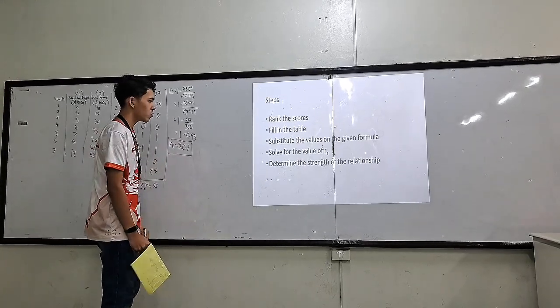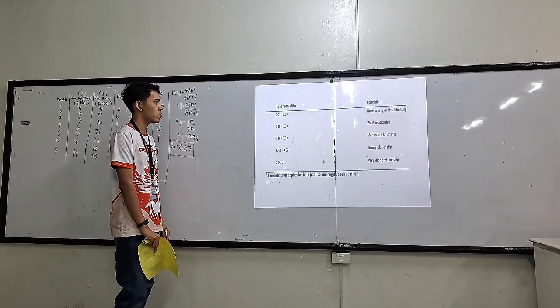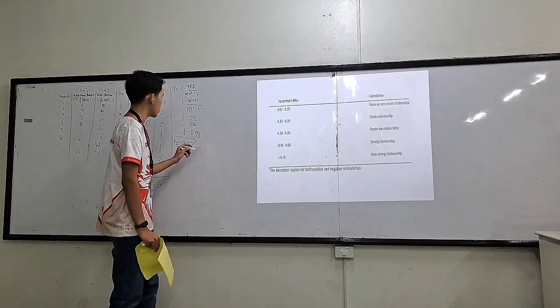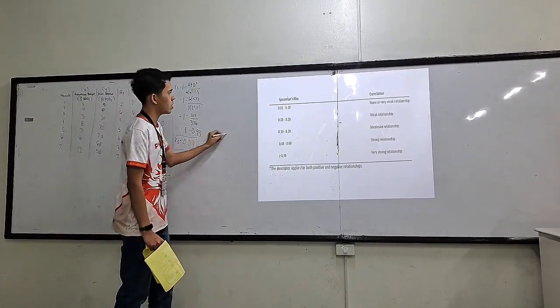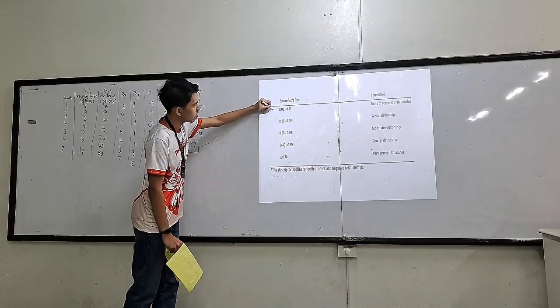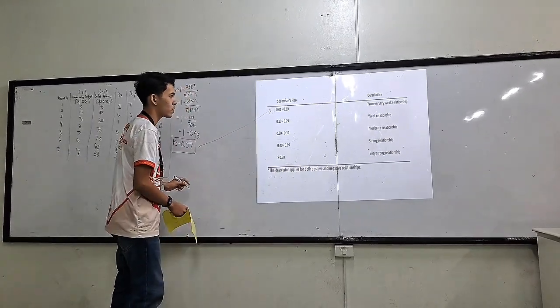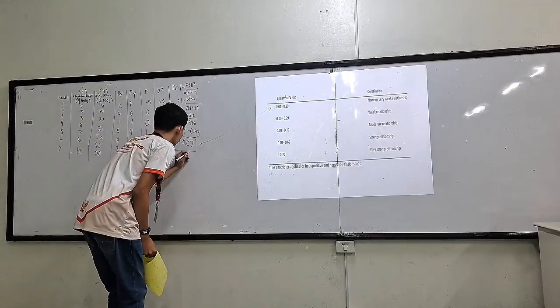After getting this, we'll determine the strength of the relationship. Basing on this table, we can conclude that 0.07 will be in this category, and the interpretation will be no relationship.